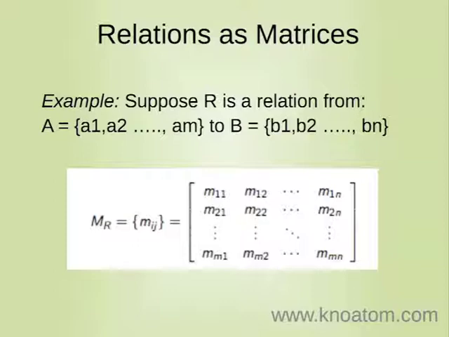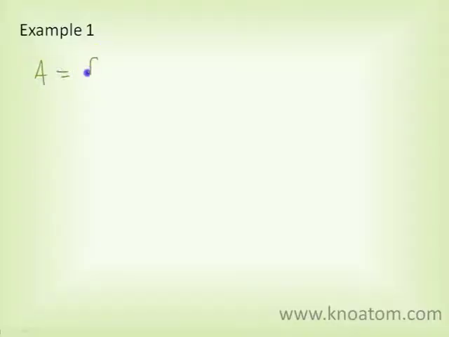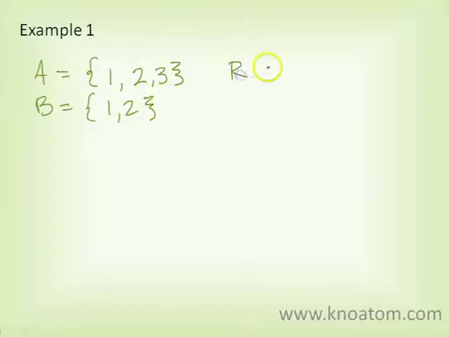Now let's see an example of how this works. For our first example, suppose that we have a set A = {1, 2, 3} and a set B = {1, 2}. We let R be the relation from A to B containing the pair (a, b), where a is greater than b.